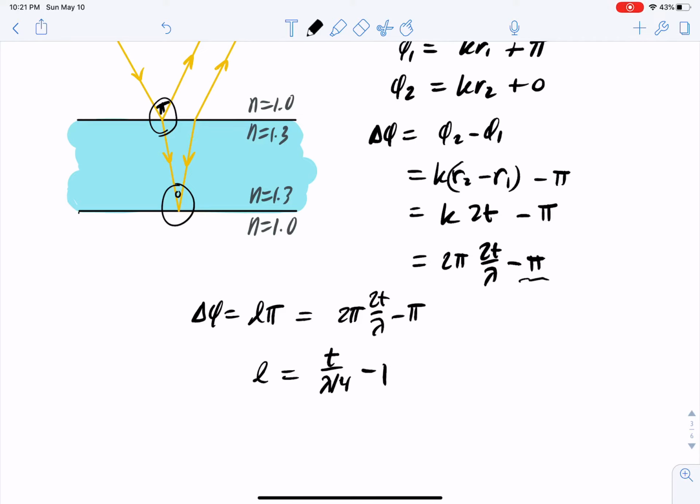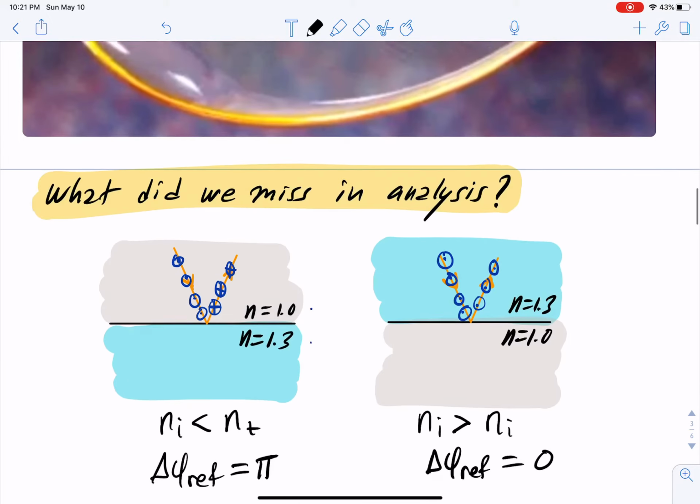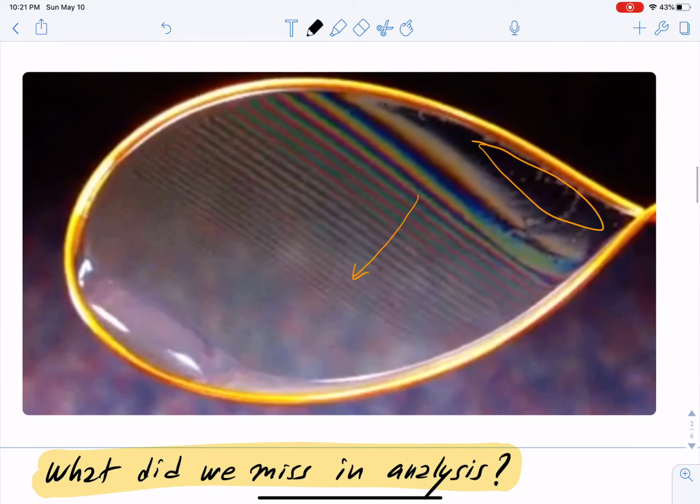Okay, so the roles are switched actually. So now when the thickness goes to 0, we have L is minus 1, which is an odd number, which means you get a minimum. So this now corresponds to what we see up here in this orange region. Okay, there's no reflection.